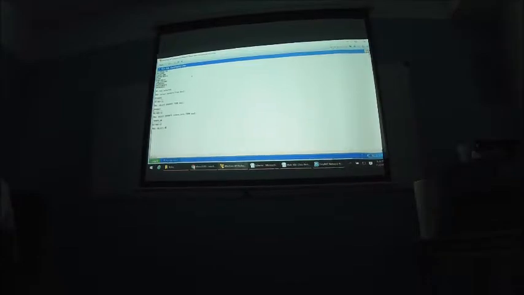Shift and 6, who can tell me what that is? Caret. What is shift and 7? And sign. What is that called? Ampersand. What is shift and 8? Asterisk. And what is that? All. Everything, right? What is shift and 9? Parentheses. Left parenthesis. Open parenthesis. Open bracket. Right? Or close bracket.